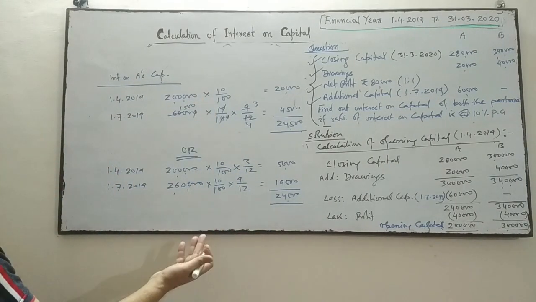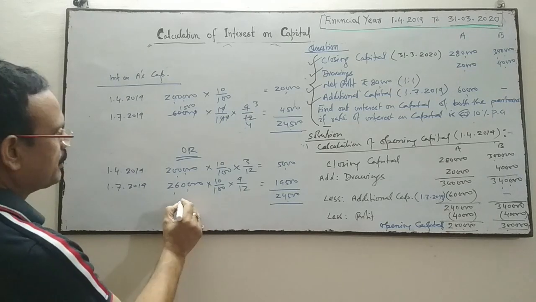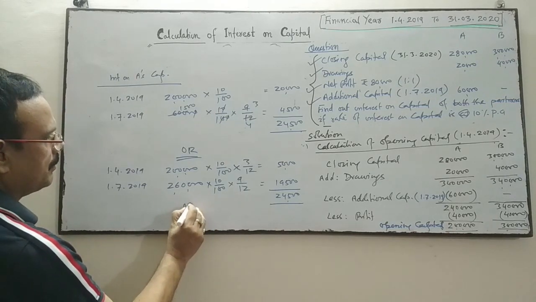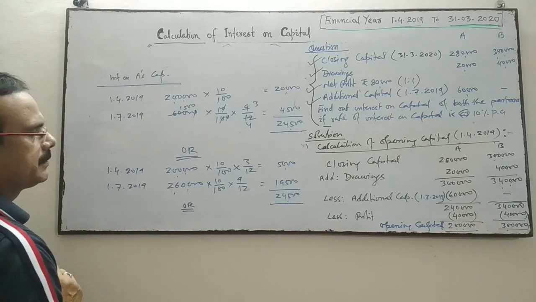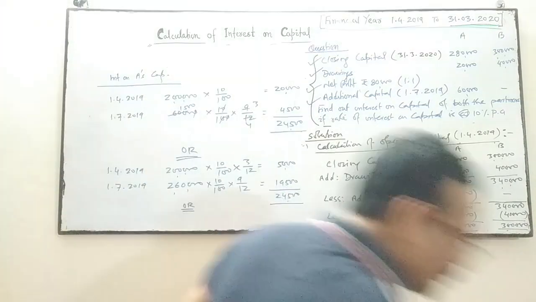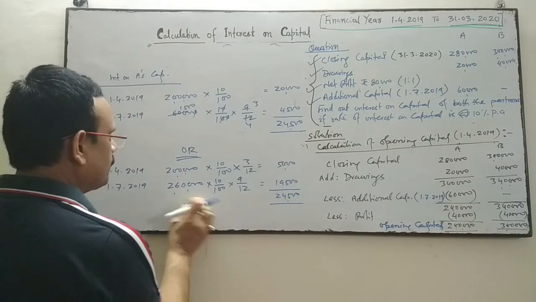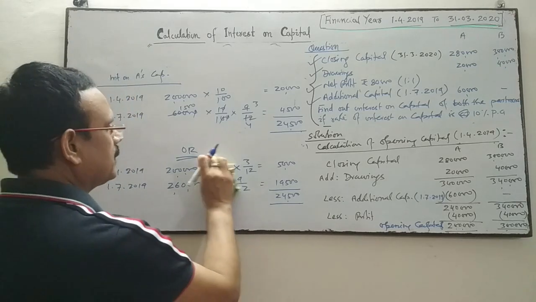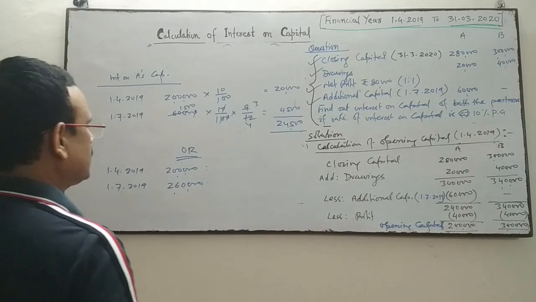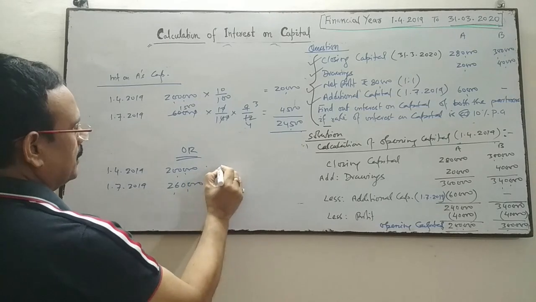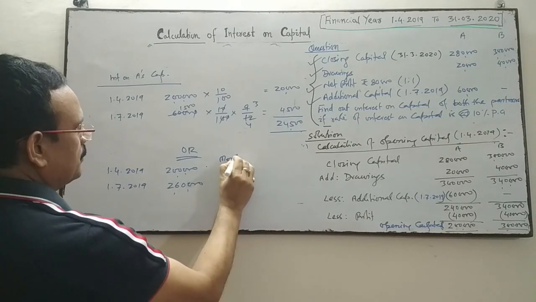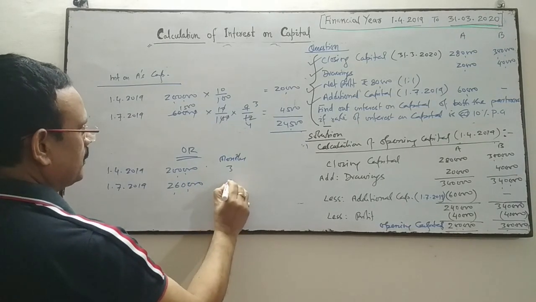Another method we can apply is the product method. We have discussed the product method in the previous chapter. Month will be taken into account. Here the month is 3 and here the month is 9.